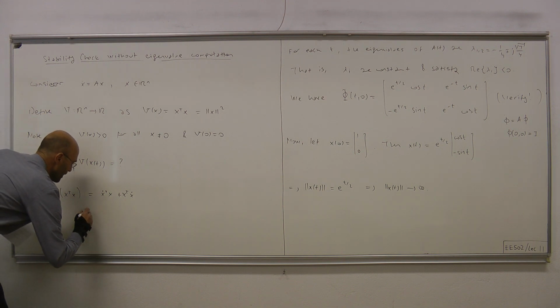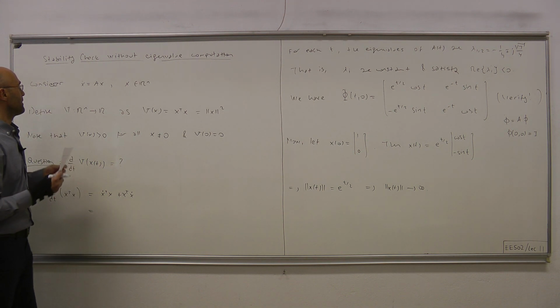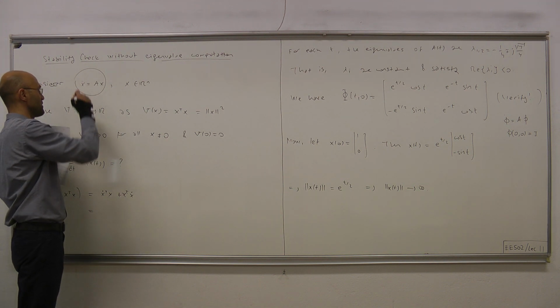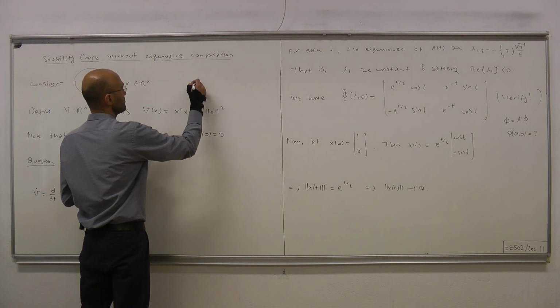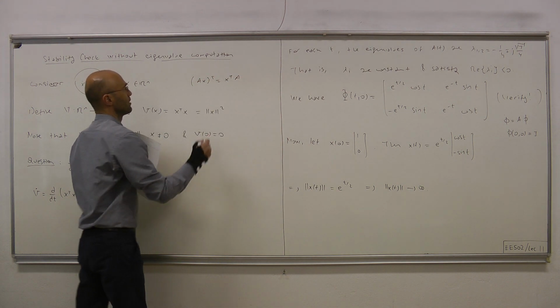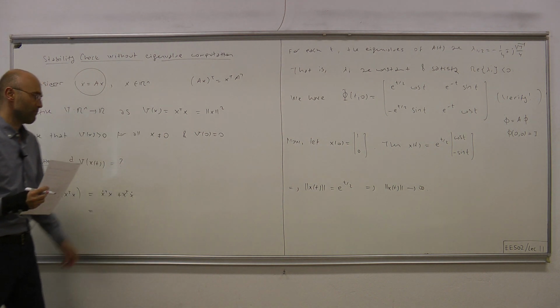And then we can write this as, now what's x dot? X dot is A times x. Therefore, x dot transpose is x transpose A transpose, okay?